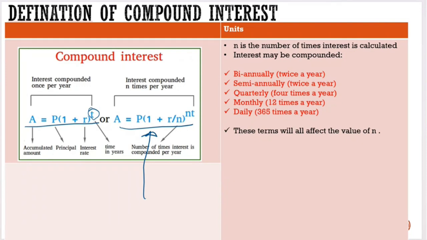You can get that your interest is compounding biannually, that means twice per year, or semi-annually, that is twice a year, or quarterly, that is 4 times per year, or monthly, that is 12 times per year, or daily, that is 365 times per year.